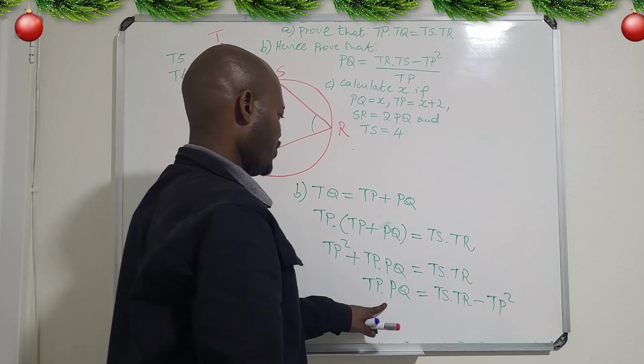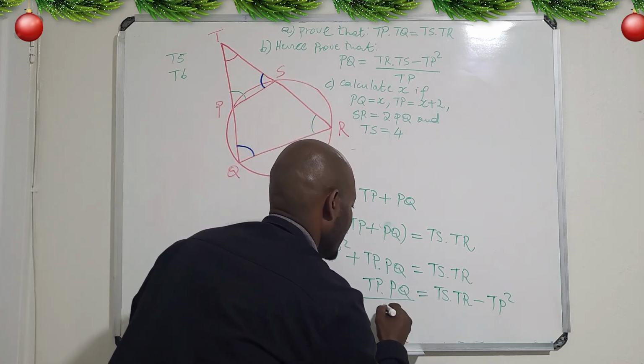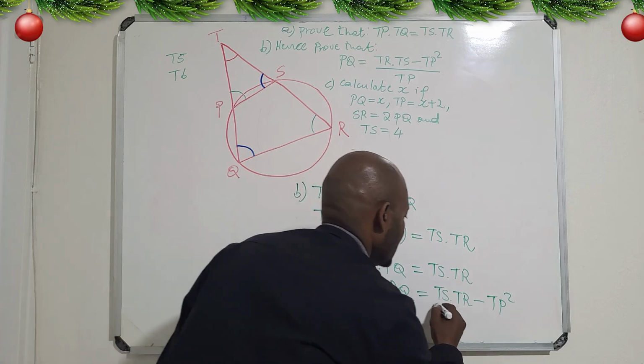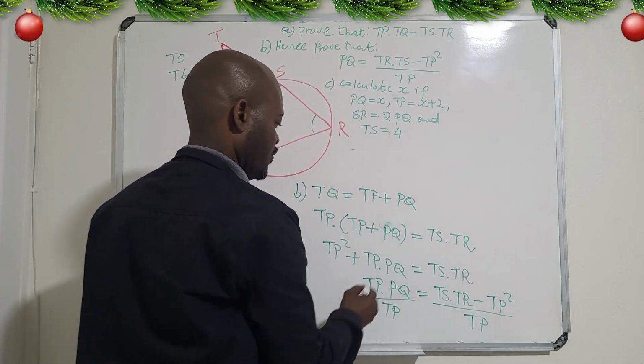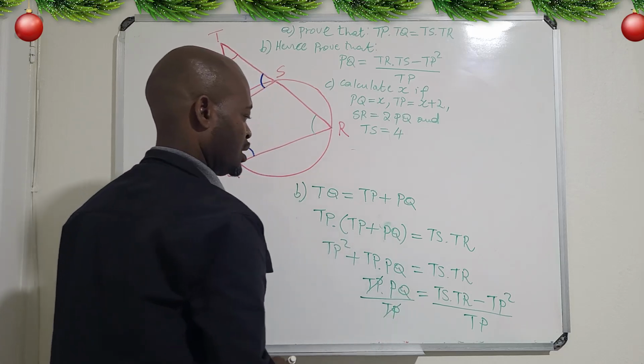Now, I'm looking for PQ. I divide by TP. Therefore, obviously, this will cancel.